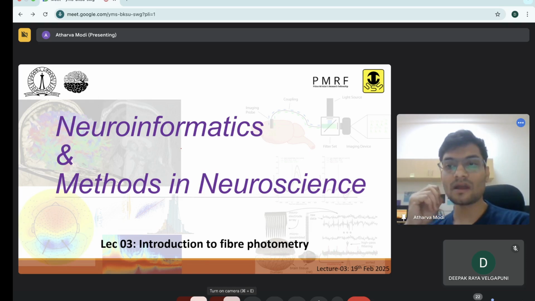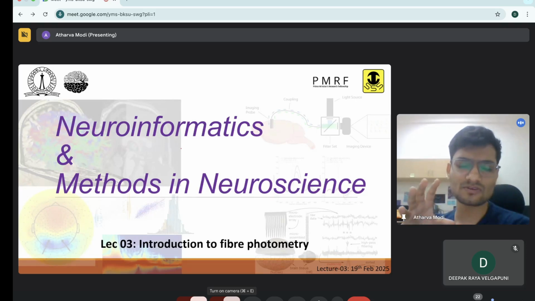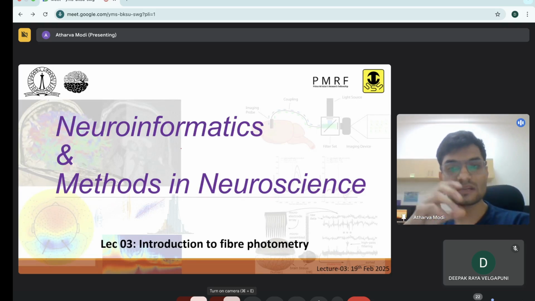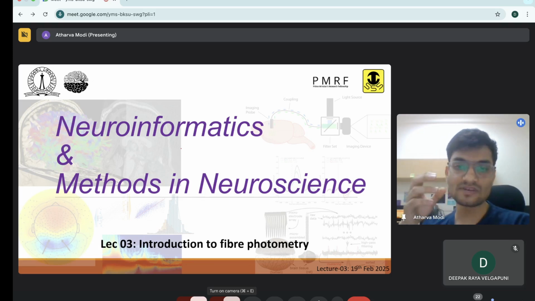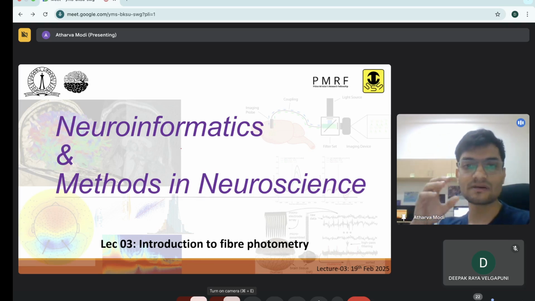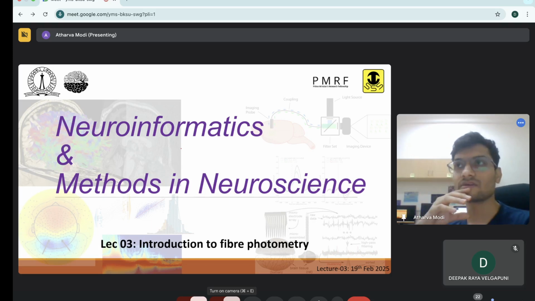With NIRS, it's near infrared spectroscopy, so you send some near infrared signals into the brain and then measure the output. It's a non-invasive technique again, which can give you information about different metabolic states of the brain tissue.